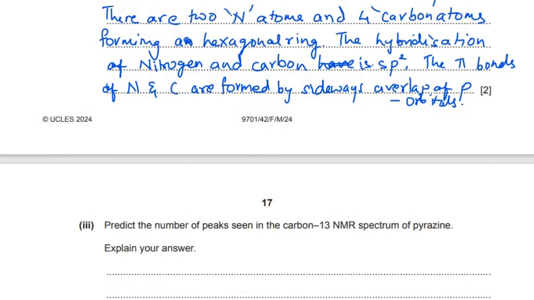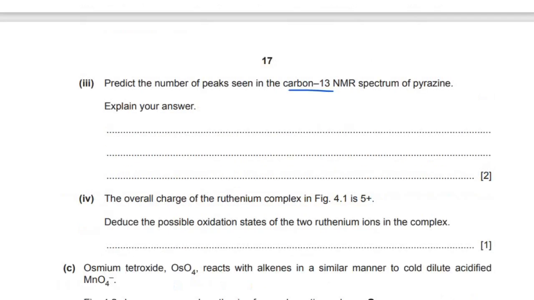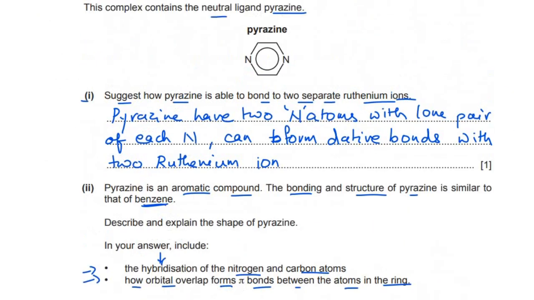So let's go ahead with the next part. Next part is: predict the number of peaks seen in the carbon-13 NMR spectrum of pyrazine and explain your answer. Now, if you are talking about carbon-13, we have to look at the environment of carbon only in the ring. As we have already discussed, there are 4 carbon in the ring. Out of these 4 carbon, how many are in different environments, and accordingly they'll give different peaks.